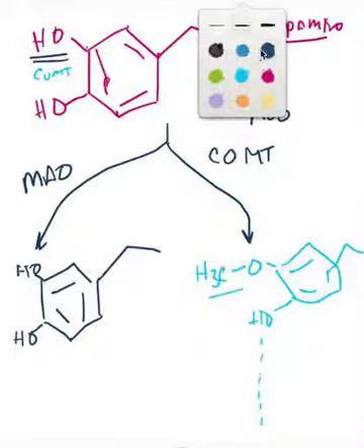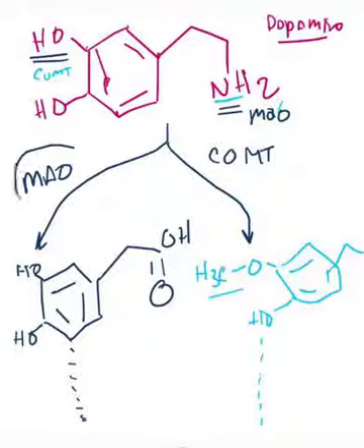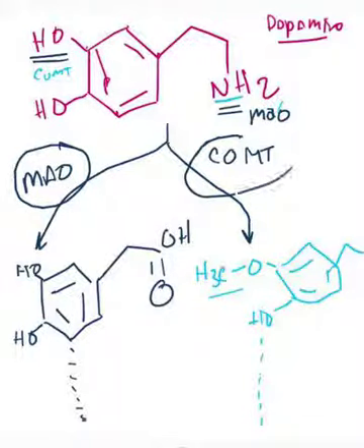MAO changes the amine side chain, and I get a hydroxyl group here, and a double-bonded O. You can see this group has been cleaved off as a result. Then other steps occur that involve the breakdown, but these are the major first steps with COMT and MAO.